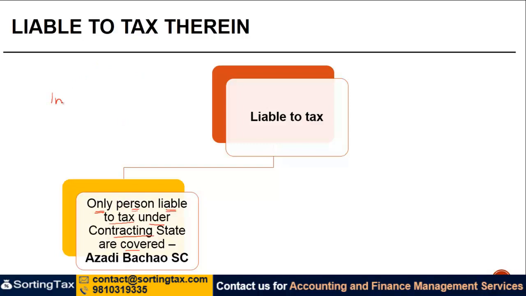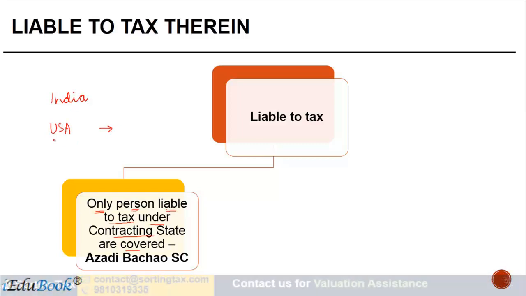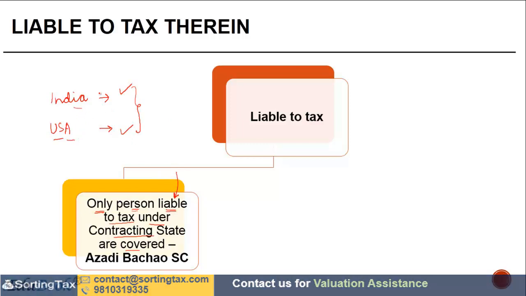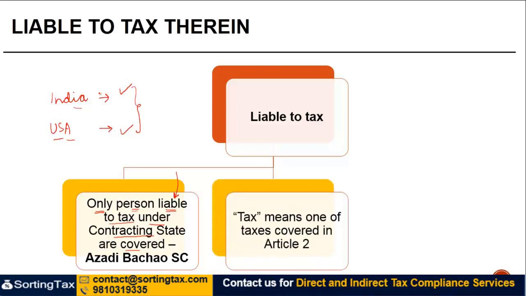So if you look at the India-USA treaty, if a person wants to claim the benefit of the India-USA treaty, he has to prove that he is either a resident of India or a resident of USA. And to do that, he has to show that he is liable to tax under Indian laws or under the US laws. This has also been confirmed by the Supreme Court in the Azadi Bachao case.